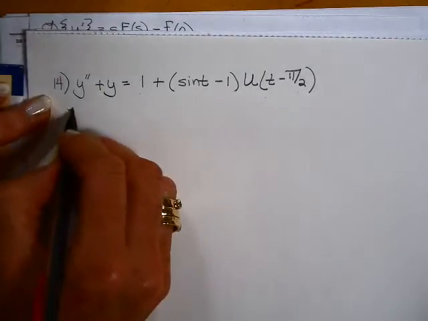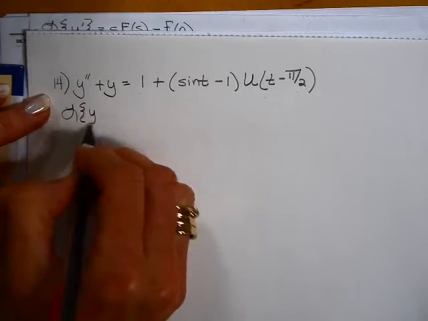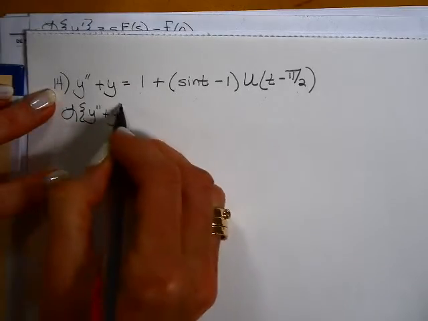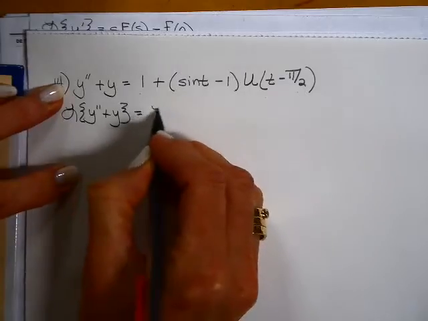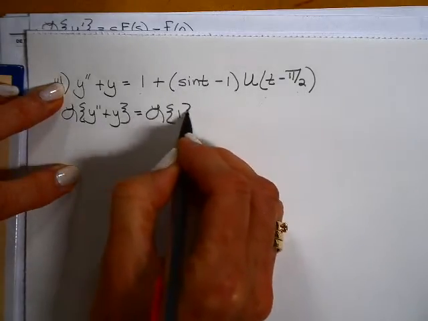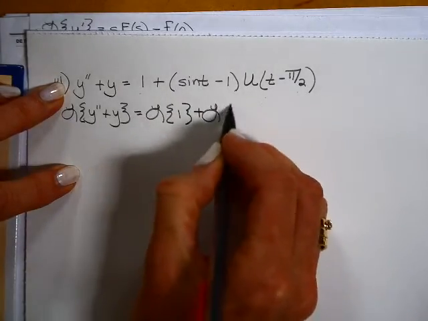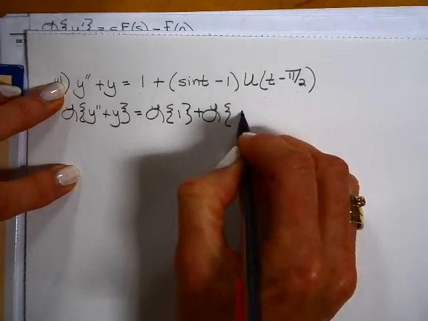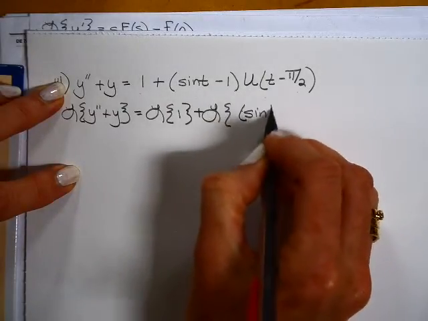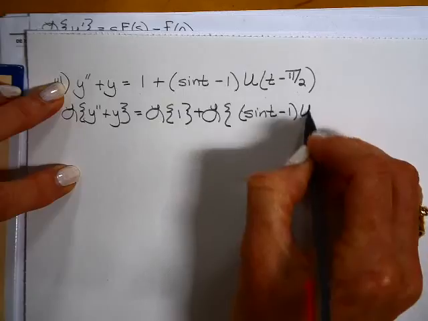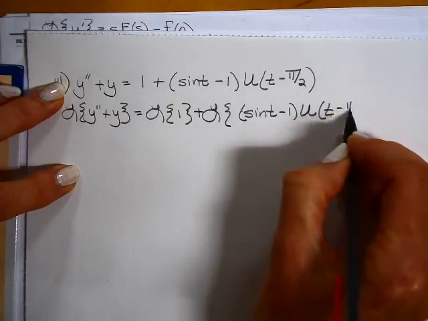Okay, Laplace transform of both sides. I have the Laplace transform of 1 plus the Laplace transform of the sine of t minus 1, it's a unit step function, t minus pi over 2.